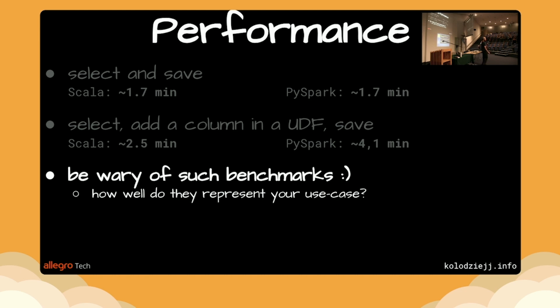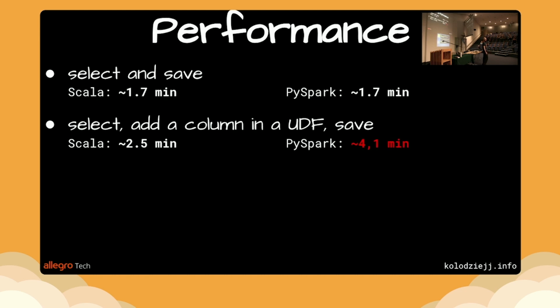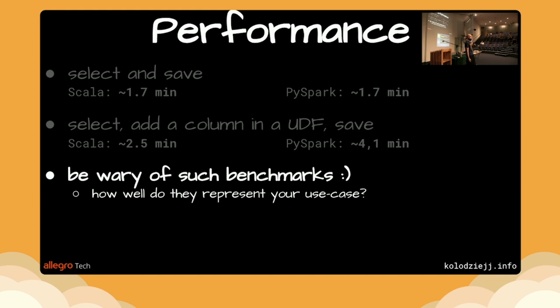As soon as you see this, it can tell you that adding a column through the UDF is slower in PySpark. But as soon as you are doing it on other data, or making any other operation, I think such benchmarks are pretty much useless.